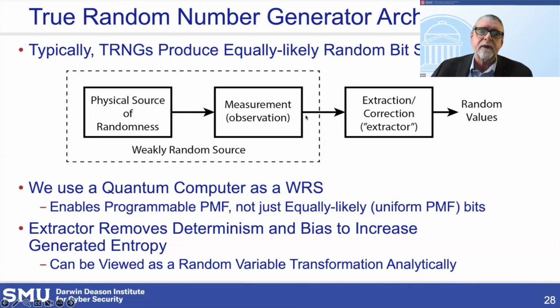And then after the measurement collapses it to a conventional bit, we have to perform an extraction, which is like a correction function. You can think of that as a random variable transformation, or you can think of that as removing bias and determinism that is introduced by measurement.